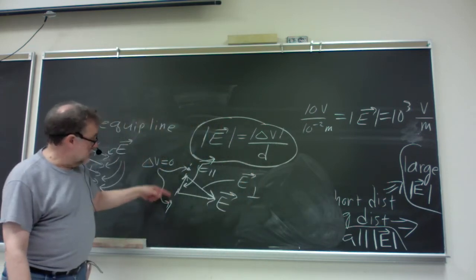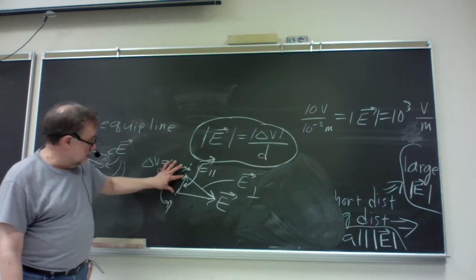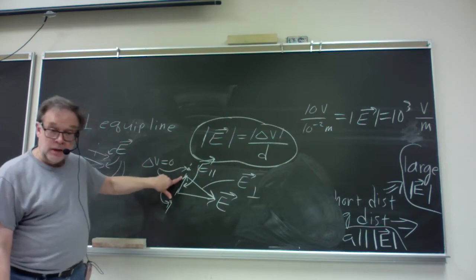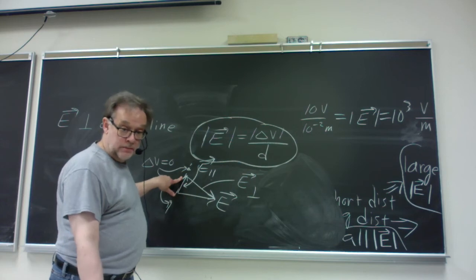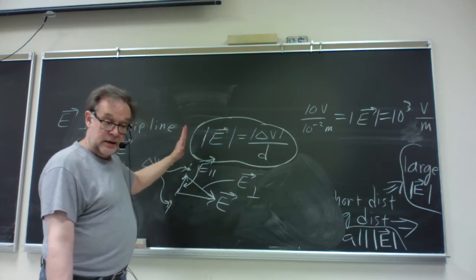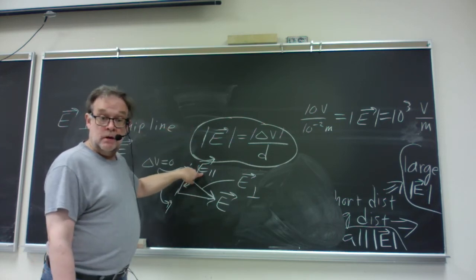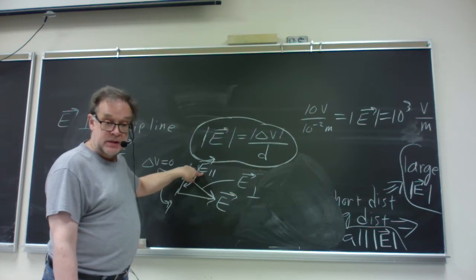But because there is zero potential difference between these 2 points, there is zero electric field between those 2 points. So this component of electric field along the direction of the equipotential line cannot happen. A component of electric field like this must always be zero.